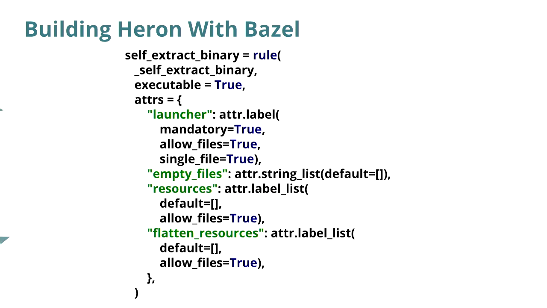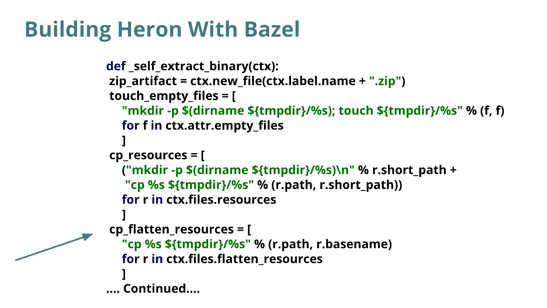So if we get into the declaration of the rule, we have some attributes. The only ones we're going to worry about are the launcher and the flatten resources. Specifically, this is the definition of the rule, by the way. It's going to copy all these files into a temp directory.